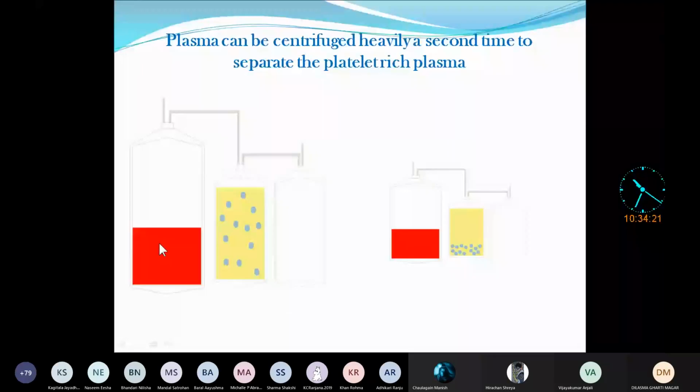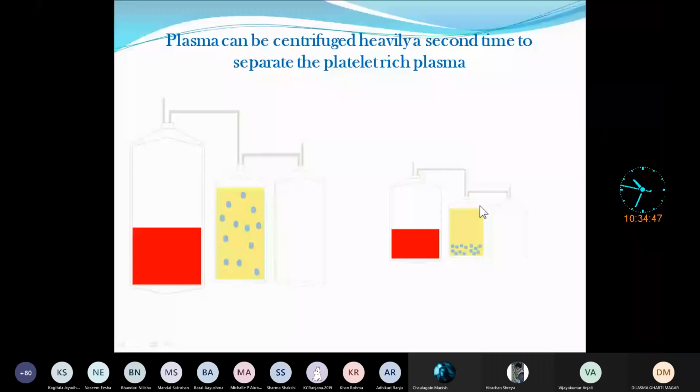RBCs are even more concentrated at the bottom, and the platelets are also concentrated. We don't want to give so much plasma to the person who requires only platelets. So to make this platelet-rich plasma, we transfer the plasma from the second bag, where the plasma and the platelets are, into the third bag through the tube.